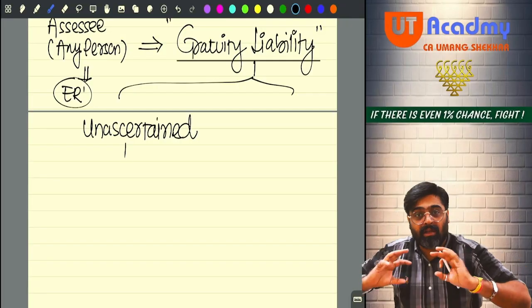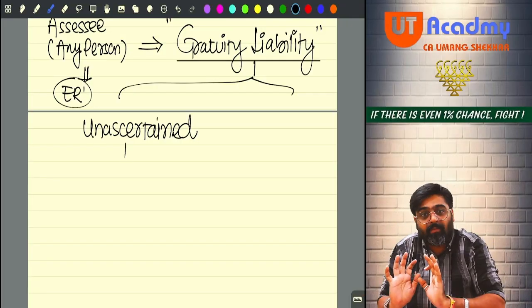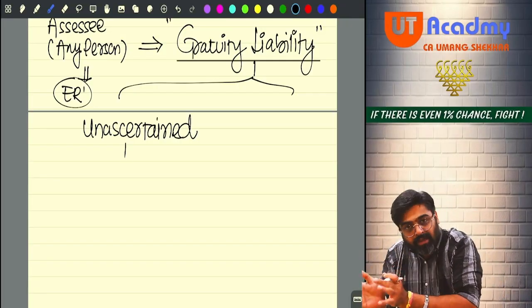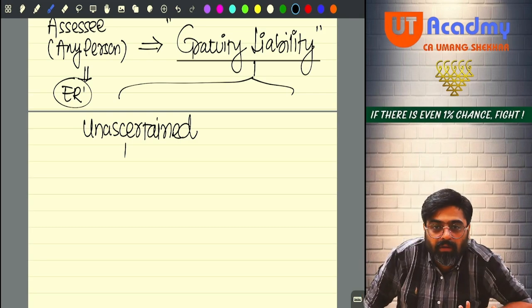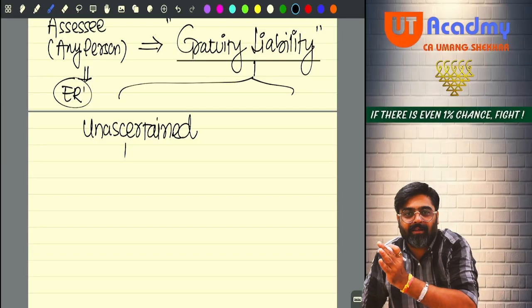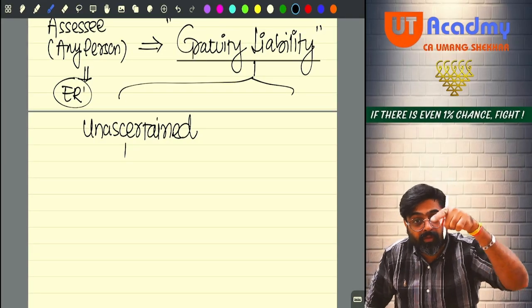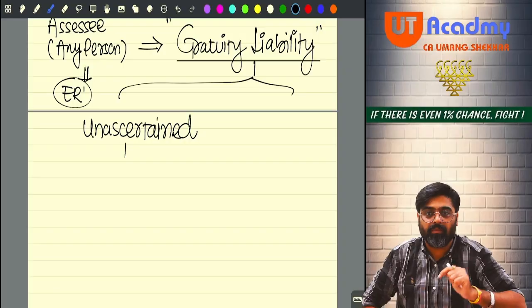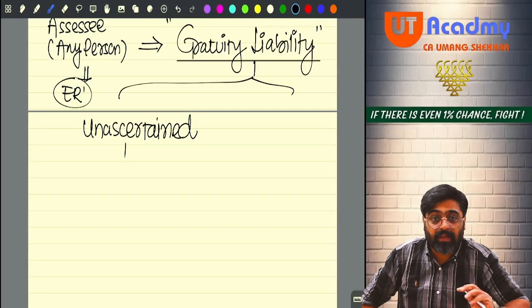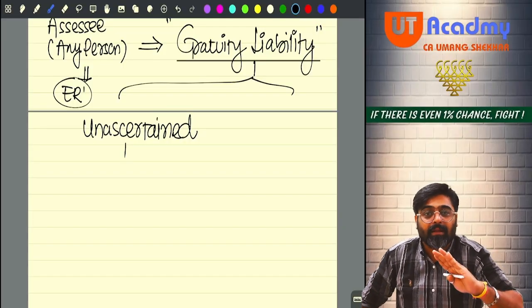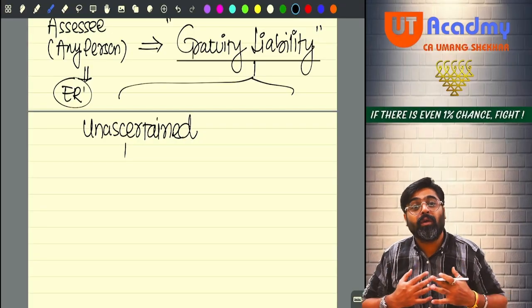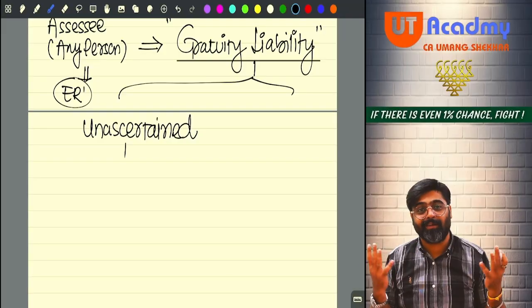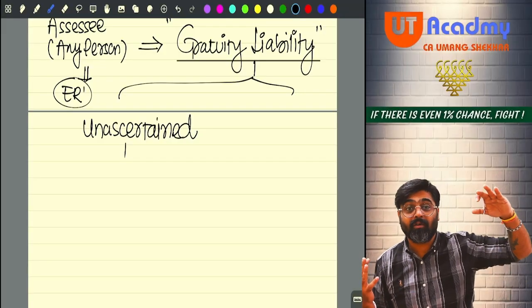So on a rational basis, I will value that amount and keep some amount aside from my current year's profit. That is known as what? Provisioning. So will I do a provisioning for this gratuity right now? Yes or no? That provisioning for gratuity which happens, I do it on my own, voluntarily, without the requirement of any law.